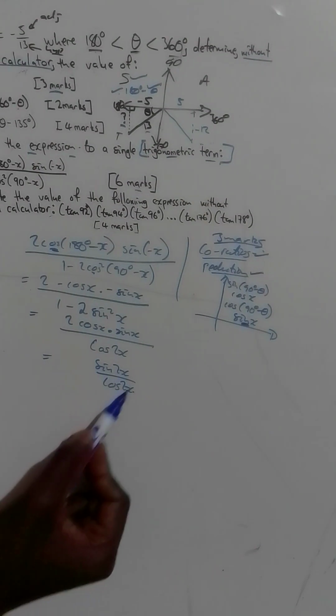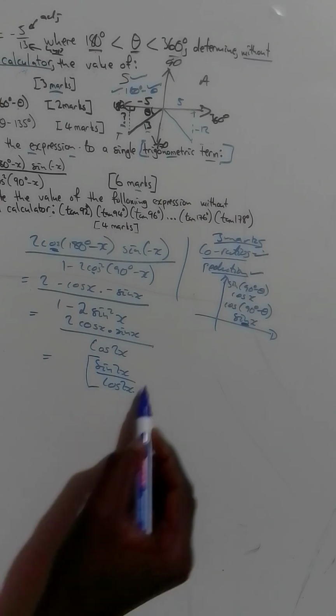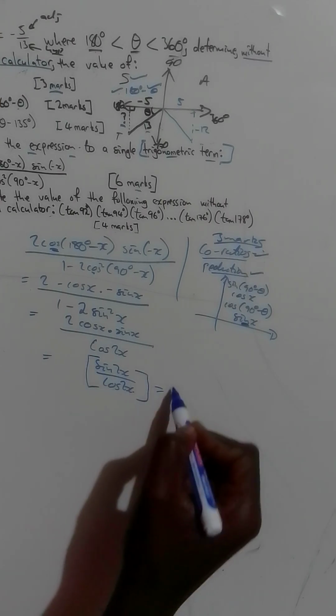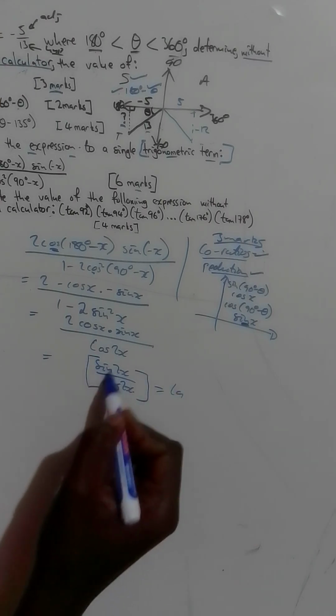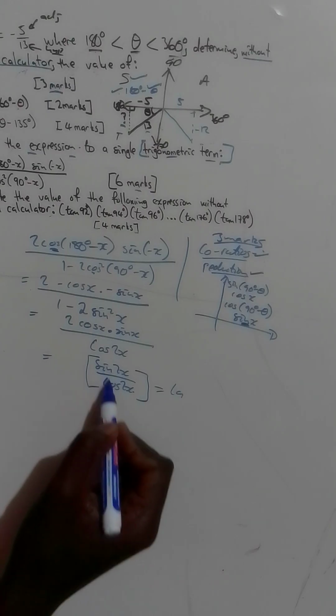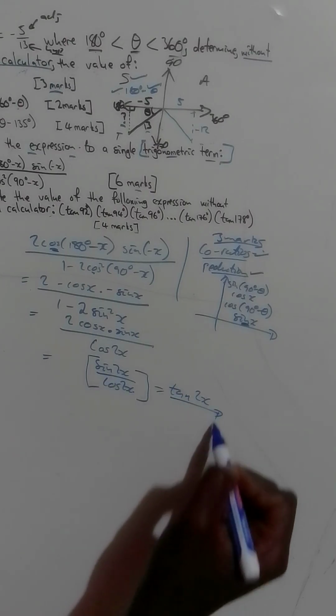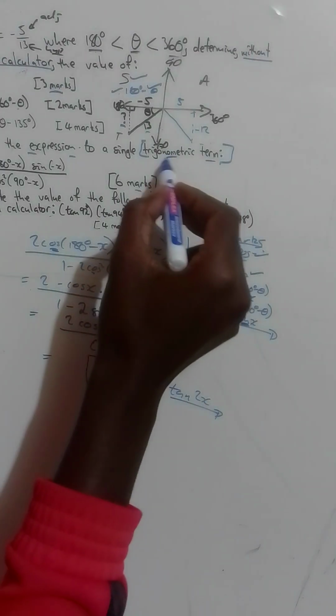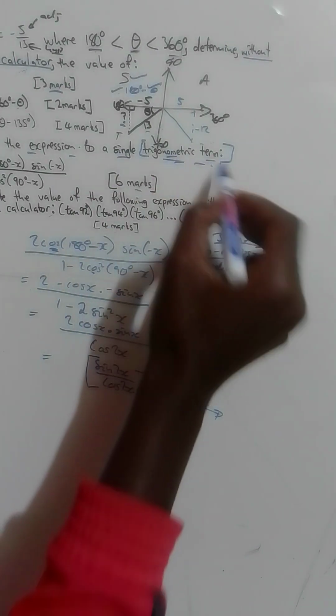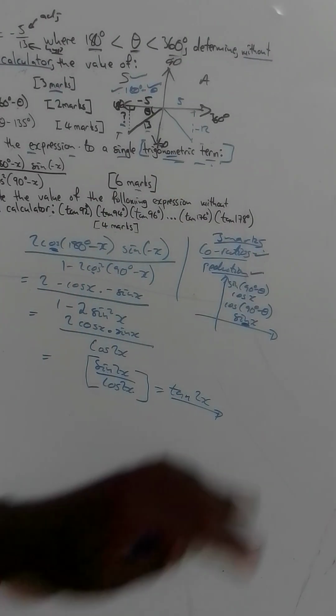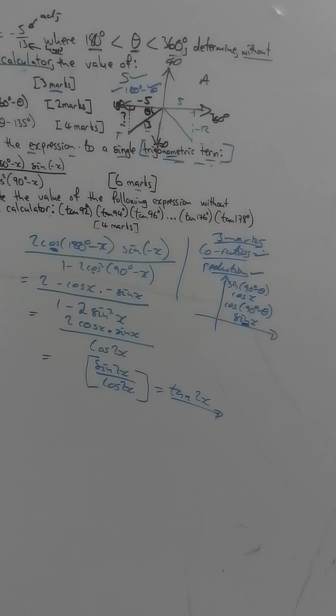Sine 2x over cos 2x, remember your quotient identity: sine over cos is tan. So we've got tan 2x. We've made it a single trigonometric term, tan 2x. And just like that, we are done.